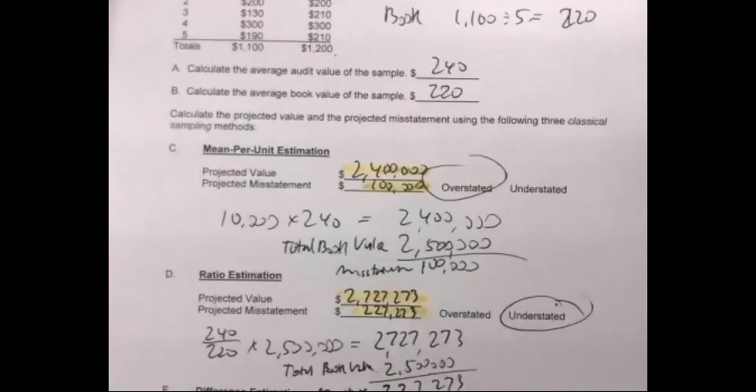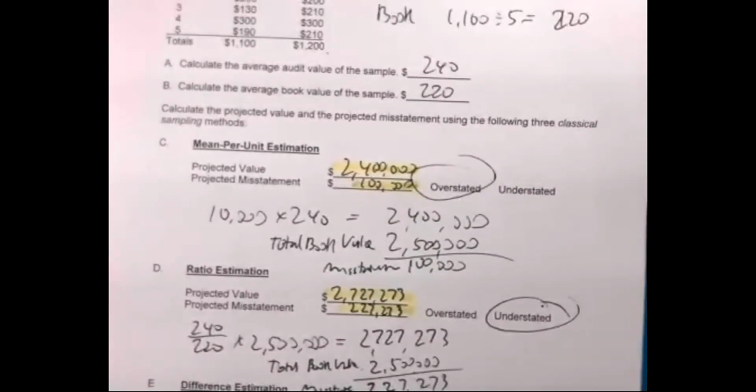But put it in a negative. Subtract it from the total, from the book value. So you're just trying to see what it's off by, not necessarily if it's positive or negative. Well, you're going to see that if it's a negative, that means that it's overstated. In other words, you have to subtract it.